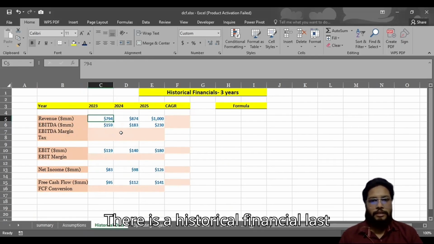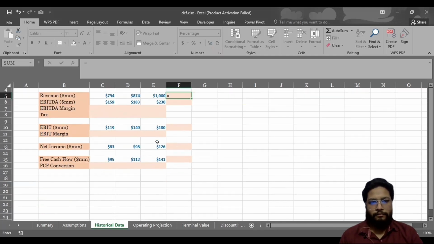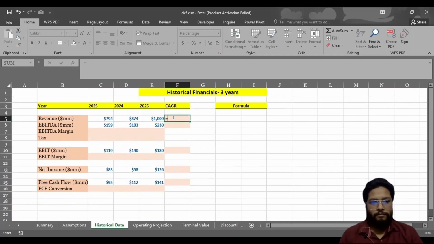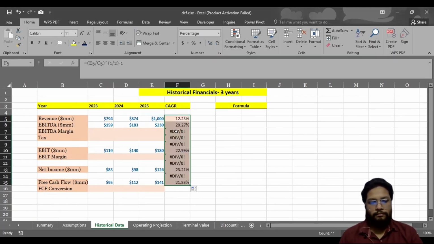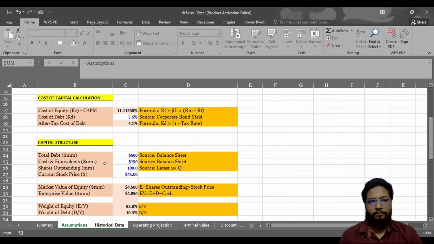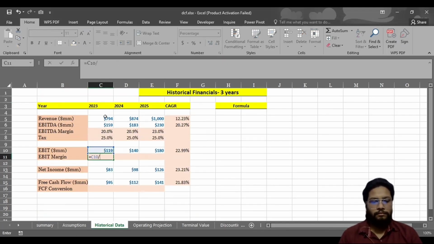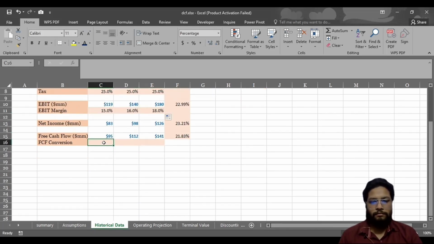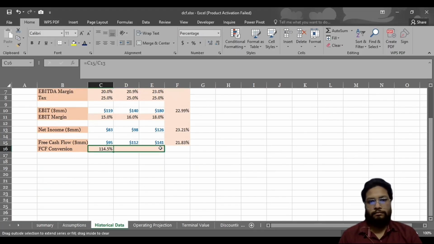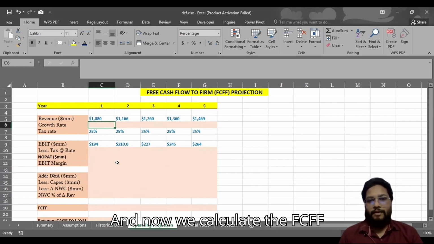There are historical financials for the last 3 years. And now we calculate the FCFF for the projection.